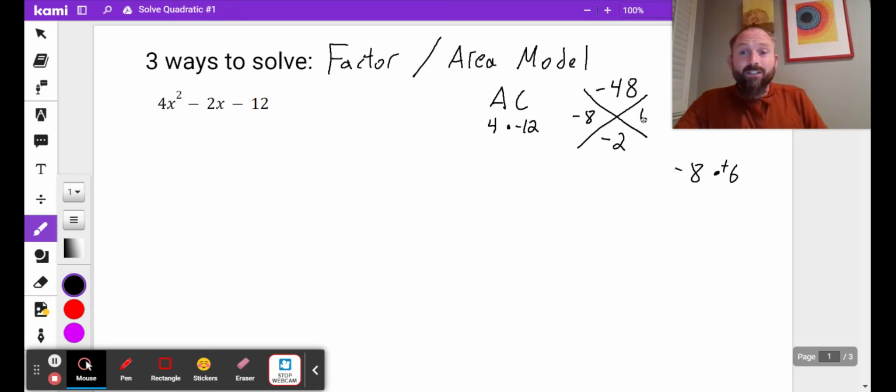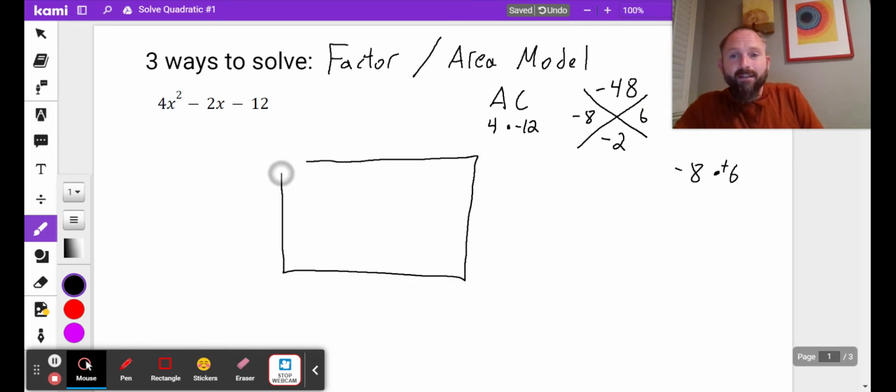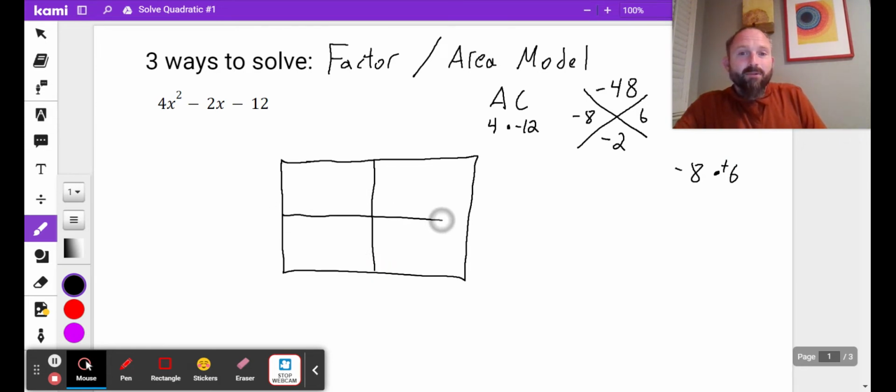So what we have to do is pretend that we have our area model right here. We are going to multiply. We understand that when we have factors of polynomials, we're going to be multiplying them. This left one is just going to be 4x squared, and this right one is going to be minus 12.